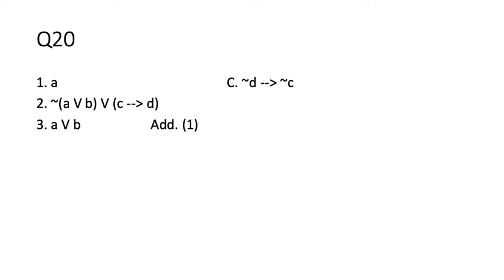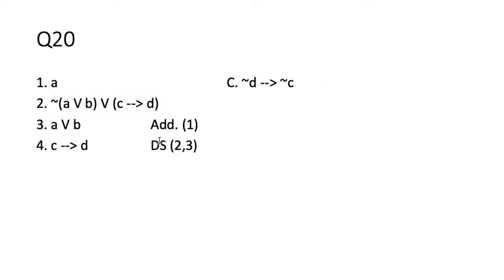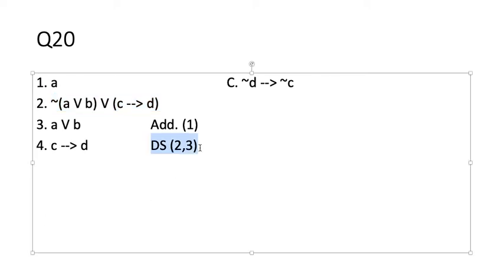I'm going to turn A into A or B. From the fact that A is true, A or B is also true. And now I have something on line 3 that enables me to do disjunctive syllogism with line 2. So I'm going to go disjunctive syllogism 2 and 3 to get if C then D.